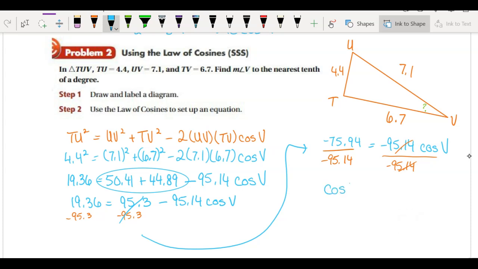So I have the cosine of V is equal to, now a negative over a negative, what does that give me? A positive. You can either leave these both negative or you can change them to both positive. They mean exactly the same thing. So I'm going to go ahead and just leave them as negative for simplicity's sake.